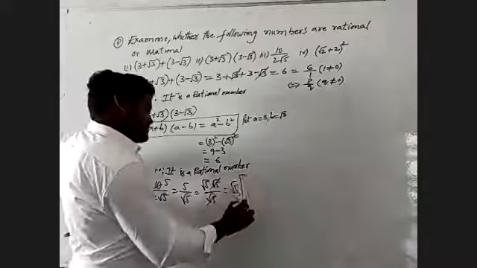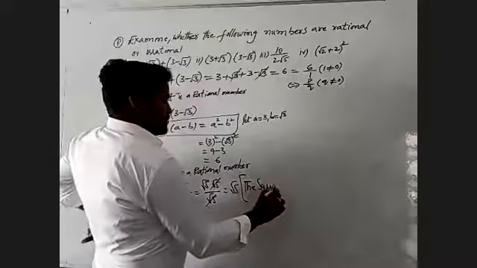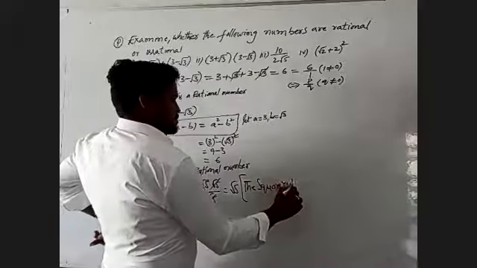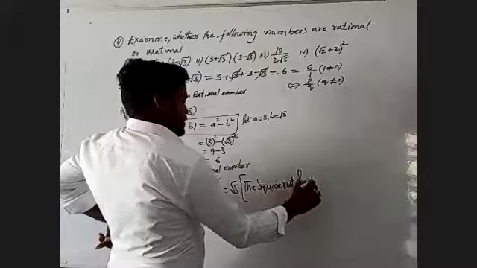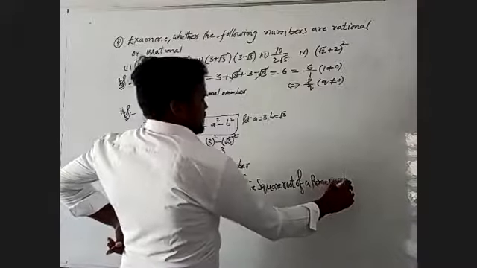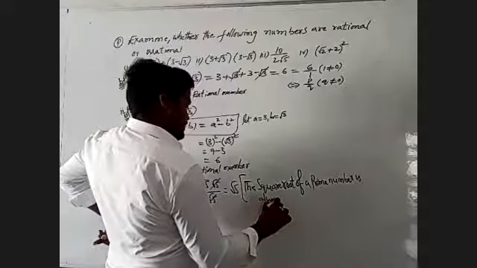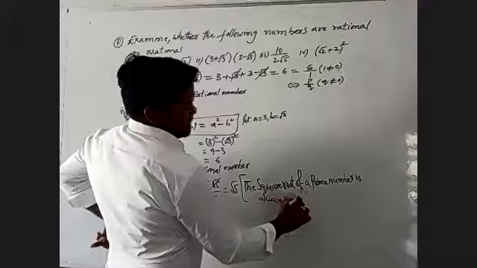Already we know that the square root of a prime number is always an irrational number.